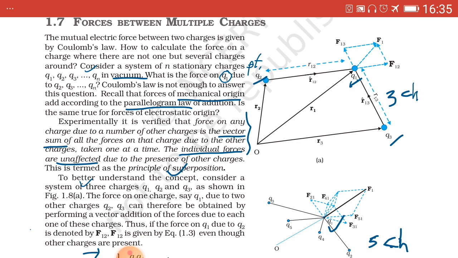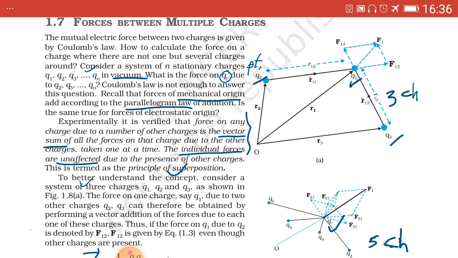Question number 2. State Coulomb's law and explain it in vector form both for like and unlike charges respectively with the necessary diagrams and equations. 3 marks.